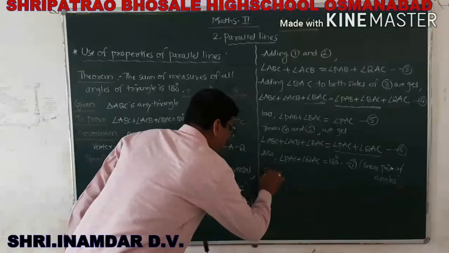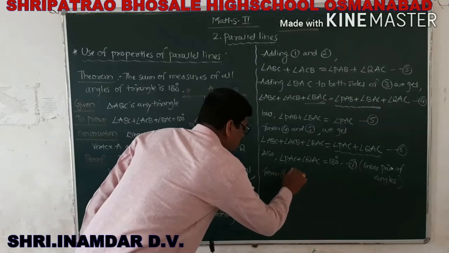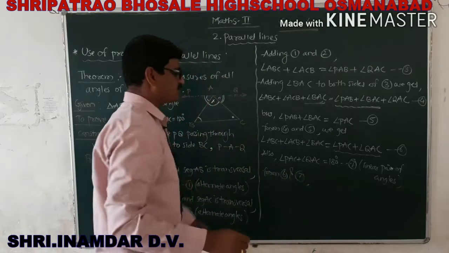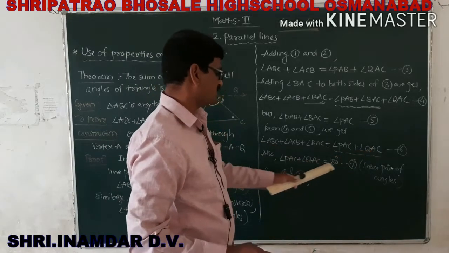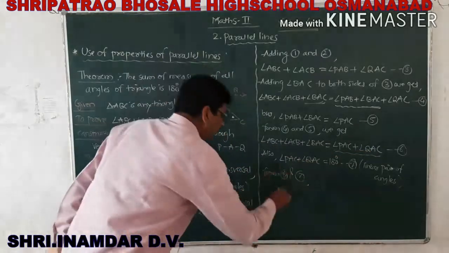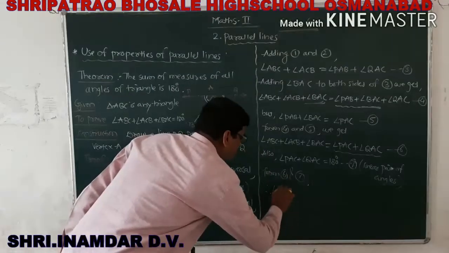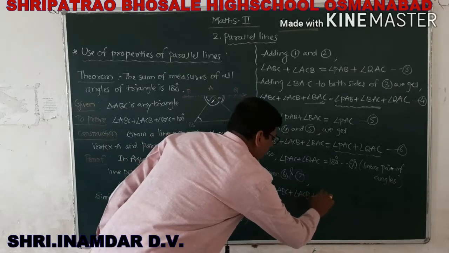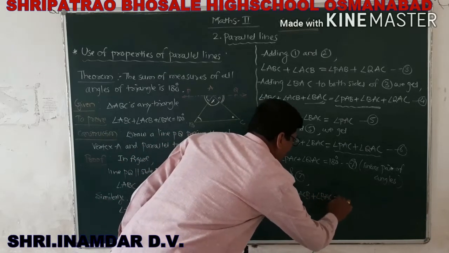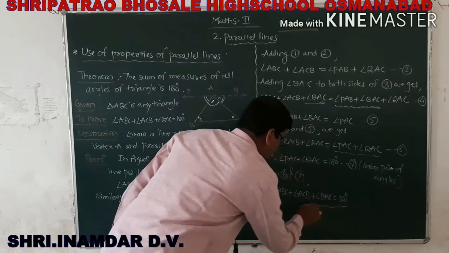Then the last step, we have to write from 6 and 7. So if we compare, on the right side PAC plus angle QAC is nothing but 180 degrees. So from 6 and 7 we write angle ABC plus angle ACB plus angle BAC is equal to 180 degrees.